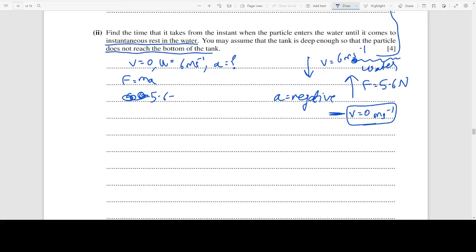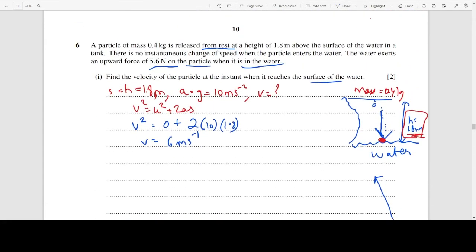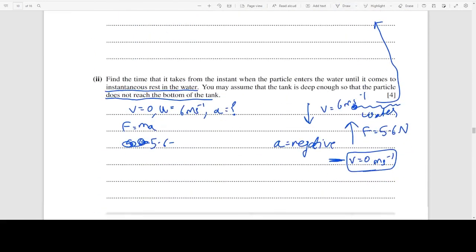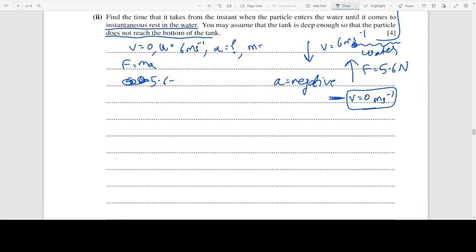So 5.6 minus the force due to gravity, which is mg, which is 4 Newton, is equal to 0.4a. So a is equal to 4 meters per second squared in the upward direction.